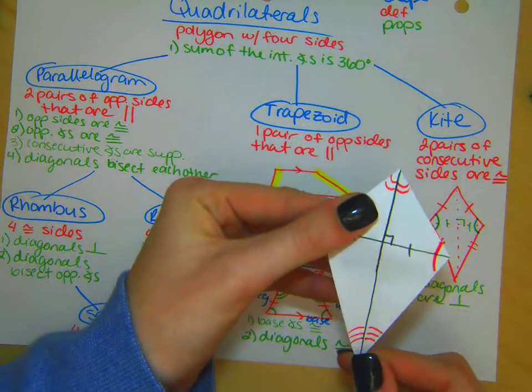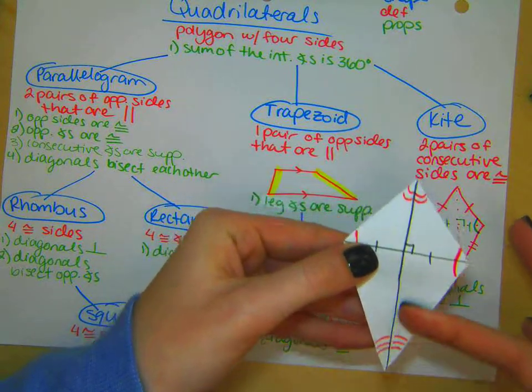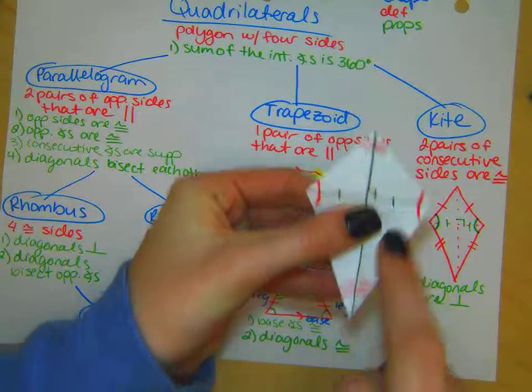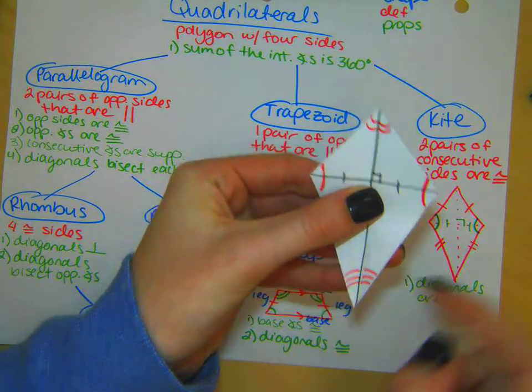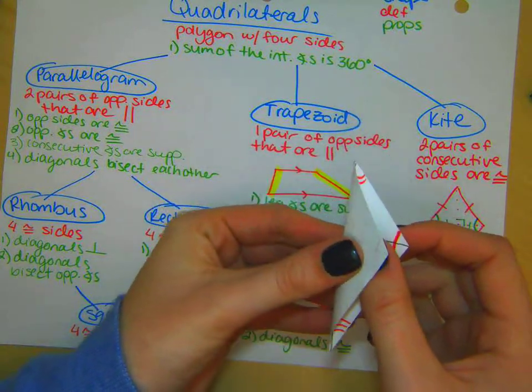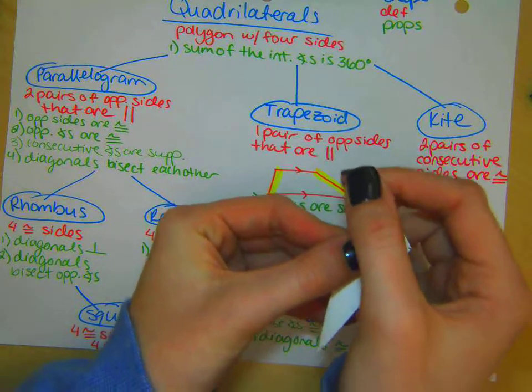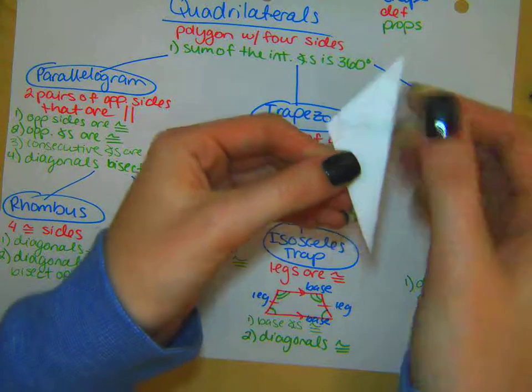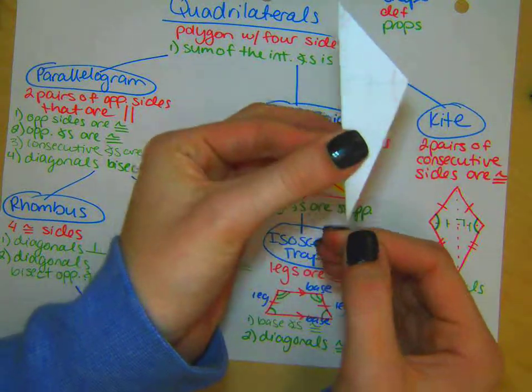Another thing that I notice when I fold this in half is that this diagonal is bisecting this entire angle and this entire angle down here. So if I fold this in half, I see that this angle here overlaps this angle perfectly, and the same thing with this angle and this angle.